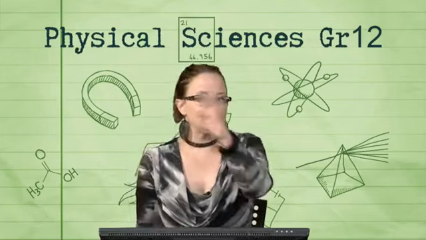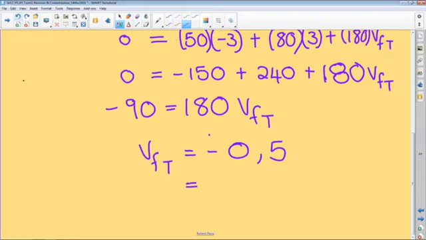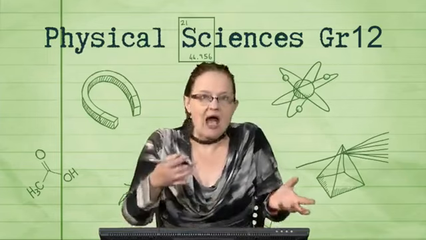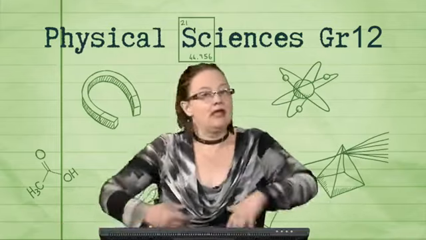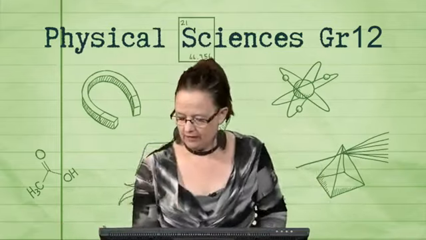Well, I chose to the right as positive. So if I get a negative answer, that means that the trolley is going to go to the left. Don't forget to put it to the left. Or you could say towards Frank, away from Mandla, any one of those. I can say to the left or the right simply because I was given a diagram. Without a diagram I couldn't, but with a diagram I absolutely can.